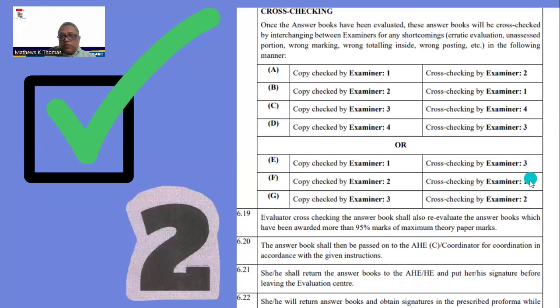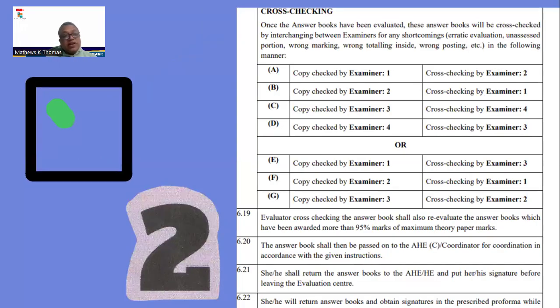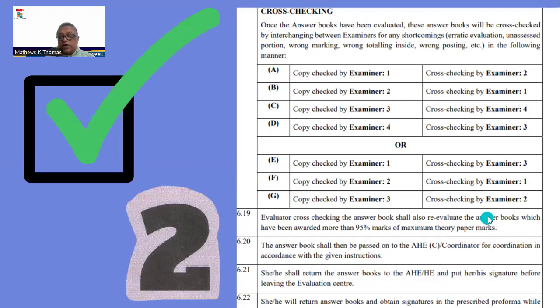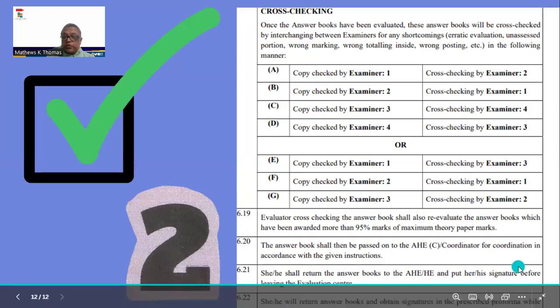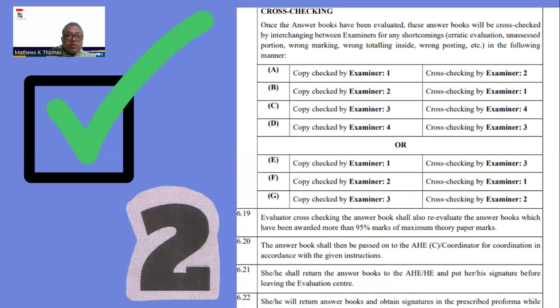So when we talk about this cross-checking, the evaluator will check thoroughly what the other examiner has done. And if the score is above 95 marks, the examiner is supposed to recheck properly whether the marks awarded, everything, is correct or wrong. Before leaving the center, you are supposed to return all the answer sheets.